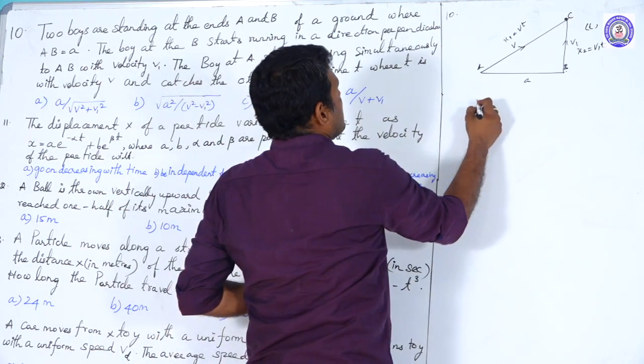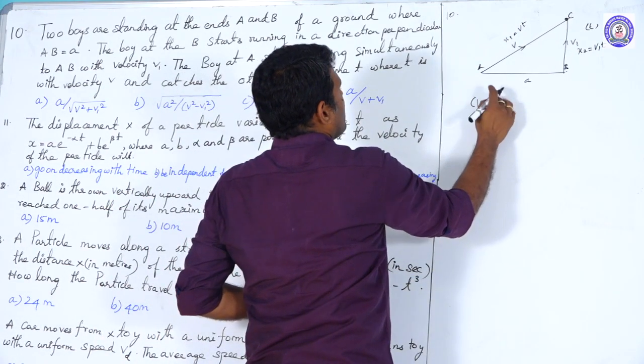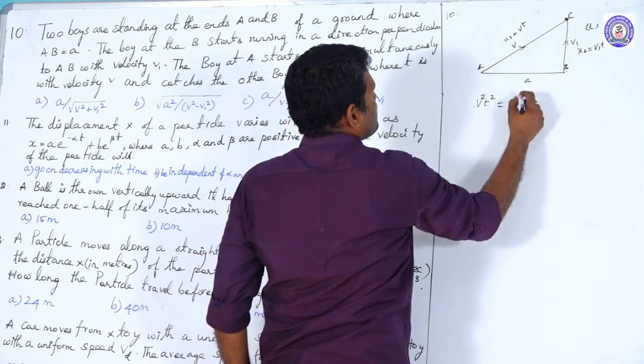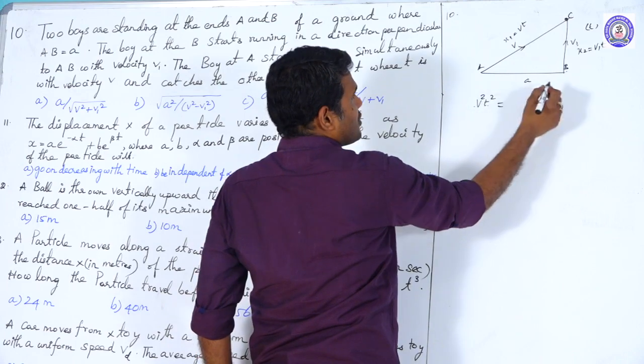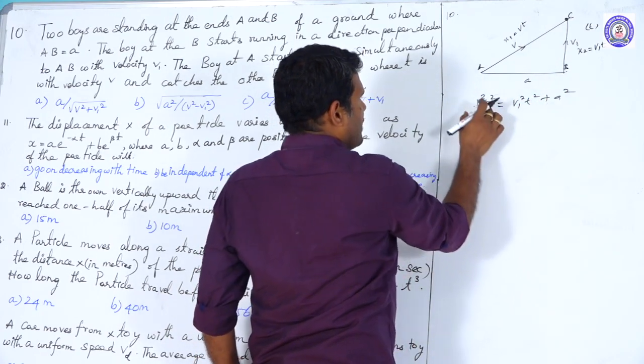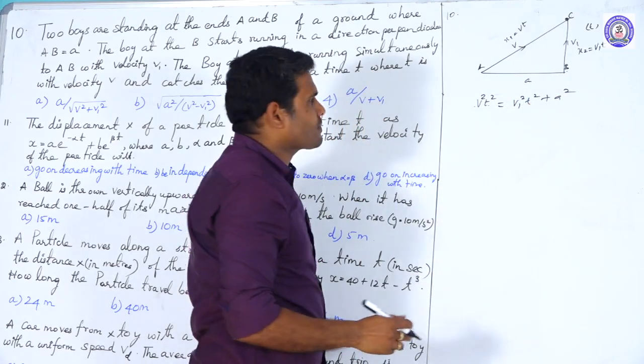So, hypotenuse square, v square t square, is equal to the sum of the squares of the other two sides, v1 square t square plus a square. So distances are equated.